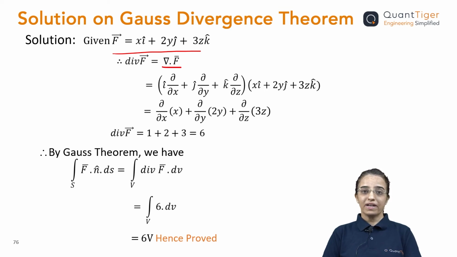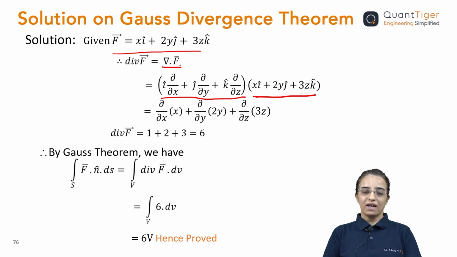We know that to take divergence, we take del and its dot product with the F vector. The del operator is in the first bracket, and I have written the given function in the second bracket.